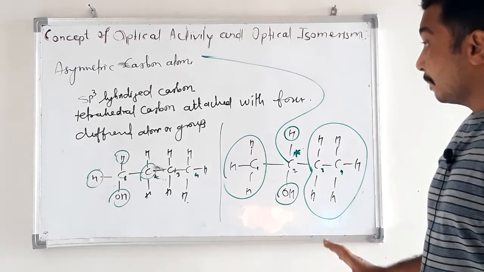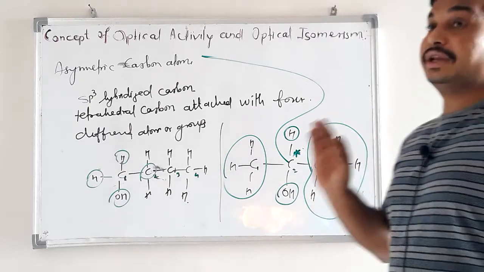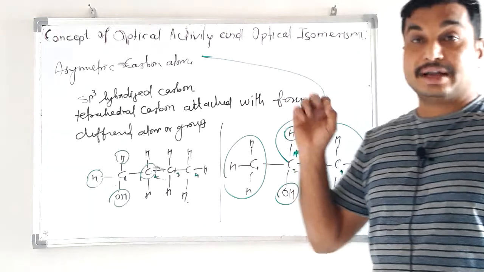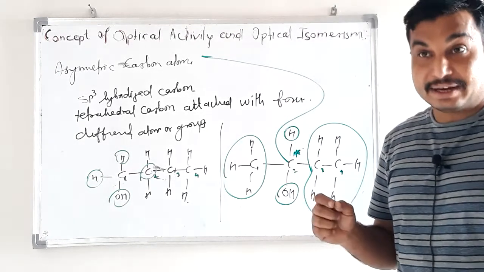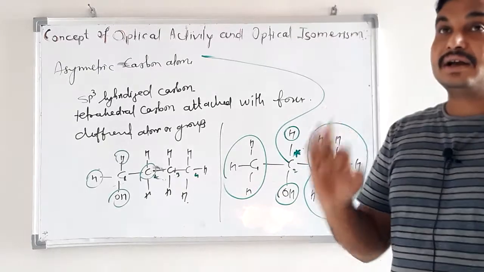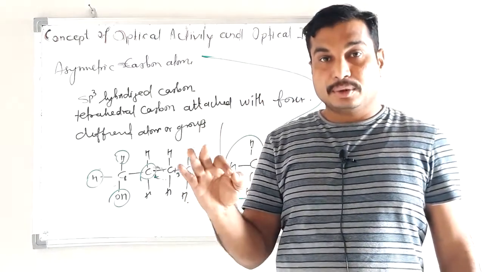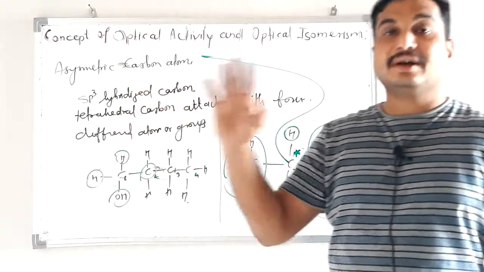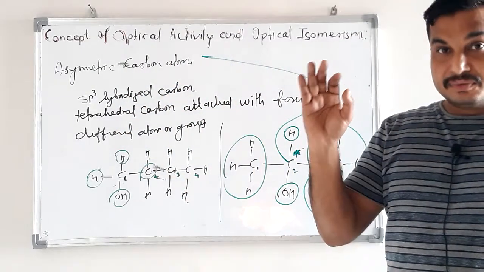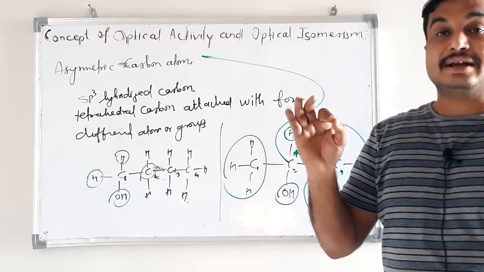So what is that property? This 2-butanol has an asymmetric carbon atom. Mostly it is found that an organic compound with at least one asymmetric carbon atom will show optical activity. This is the first requirement for a compound to show optical activity.